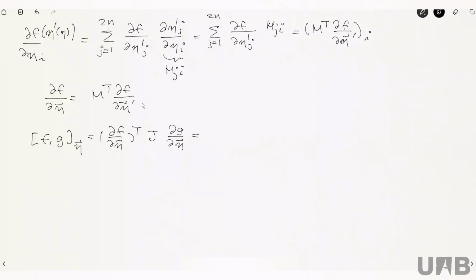So then I use the previous calculation in terms of M, and therefore this is M transpose partial of f with respect to eta prime, whole thing transpose, times J times the partial of g with respect to eta, which is also going to be M transpose partial of g with respect to eta prime.